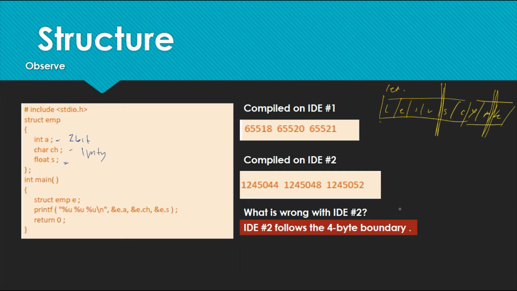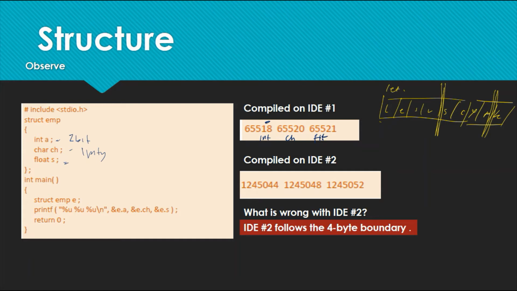If compiled in IDE number 1, the first memory location is 65518. This is the integer, which is 2 bits, so plus 2. Then comes the char, which is 1 bit, and then the next is the float.